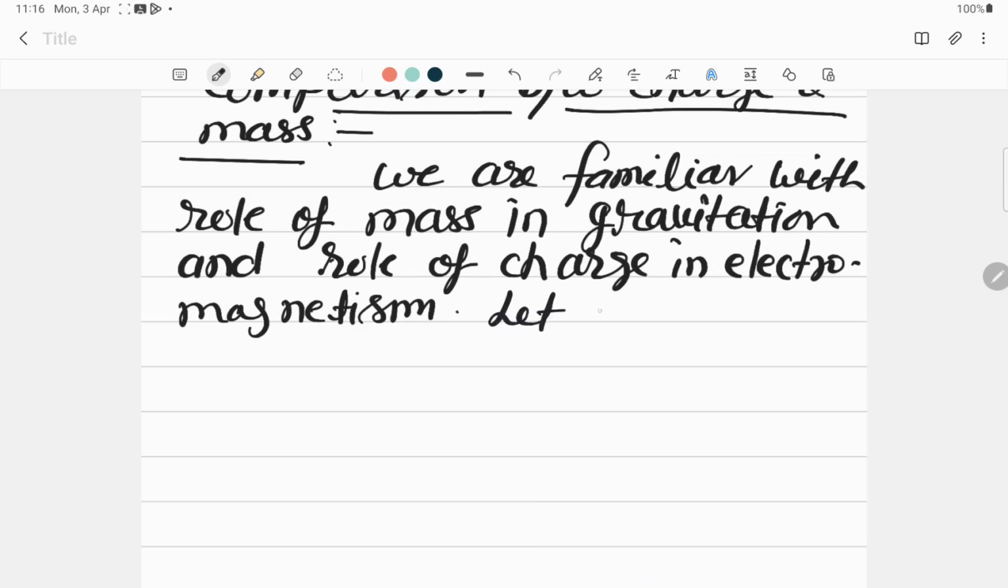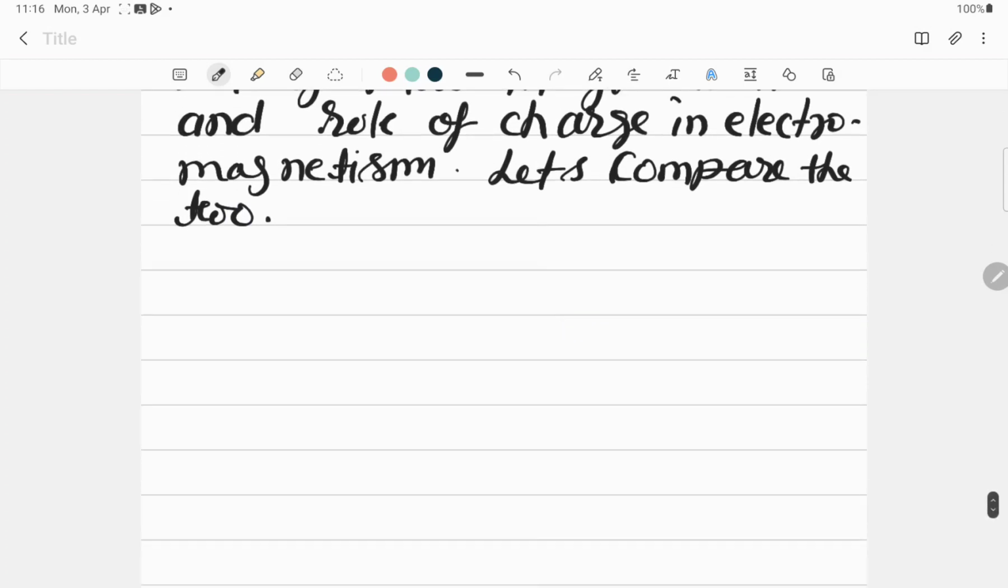So let's compare the two, here in tabulated form, charge and here mass.